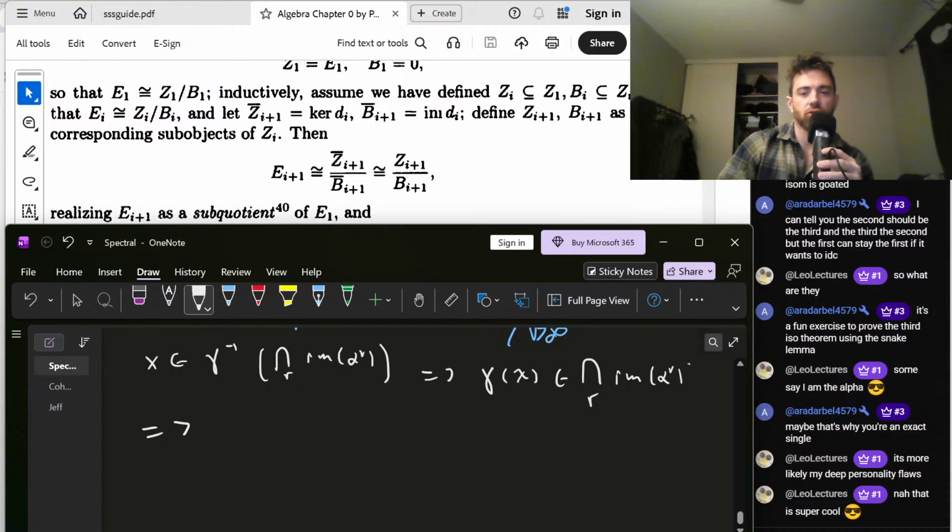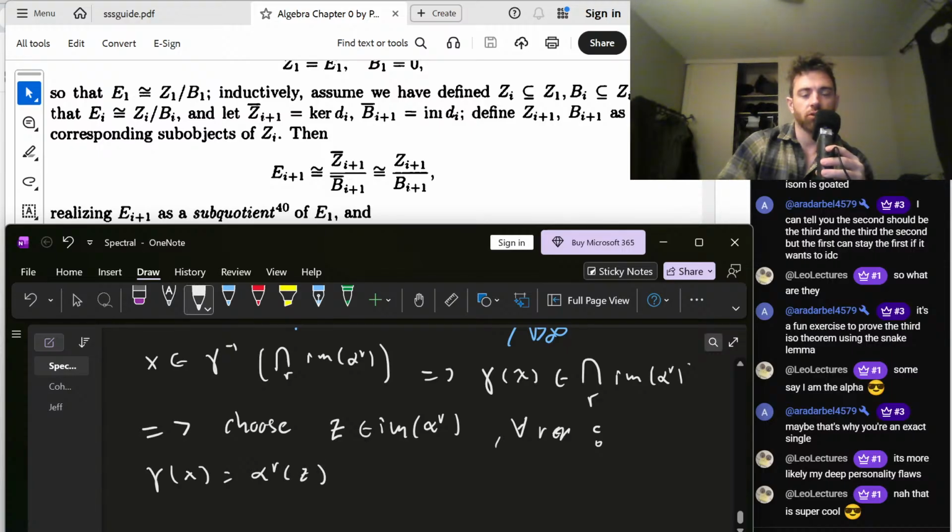Well, that means for each r, since it's in the intersection of all of them, we can choose a Z, which is in the image of here for all r, such that gamma X is alpha_r Z.